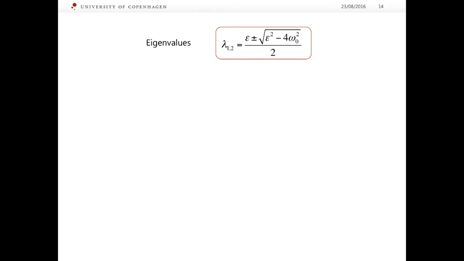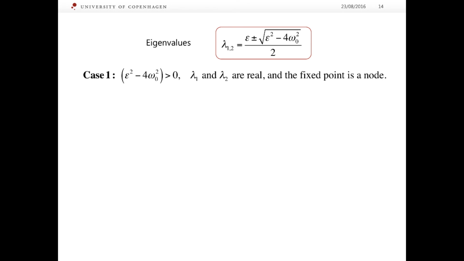On this slide, at the top, I rewrite the expression for eigenvalues. Consider the first case. Suppose the expression under the square root is positive, which means that the square root itself is going to be a real number. Then epsilon is a real number, and we need to add or subtract from it another real number.